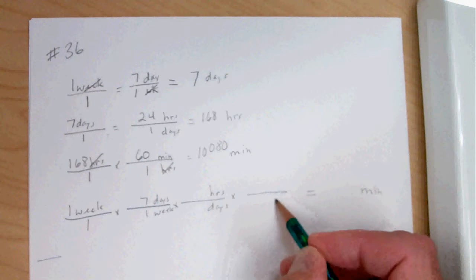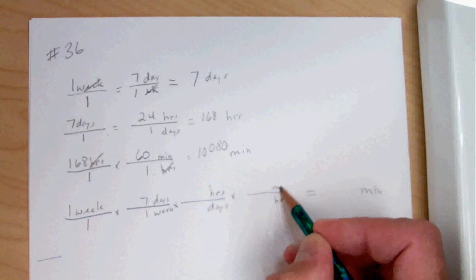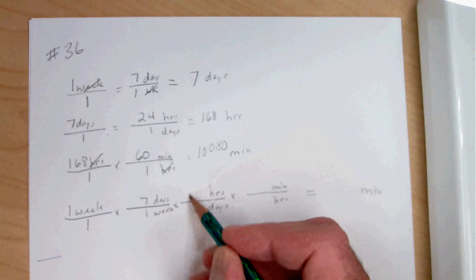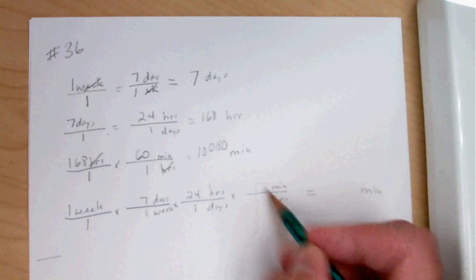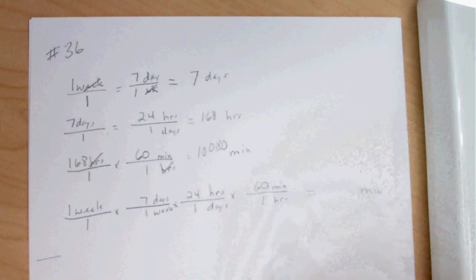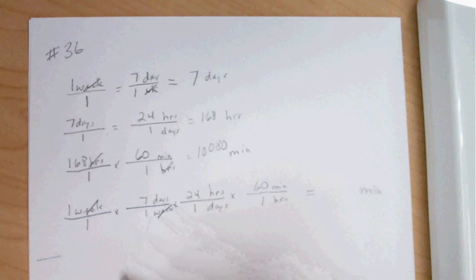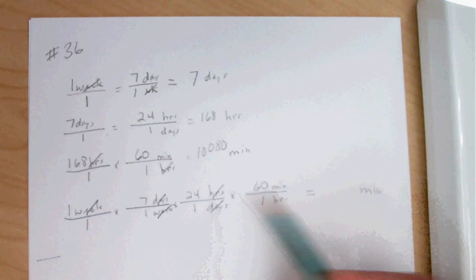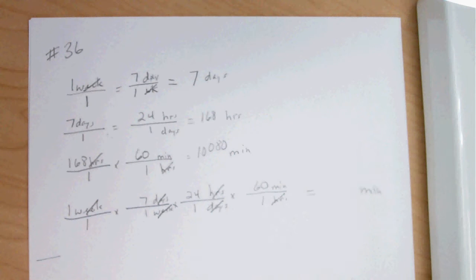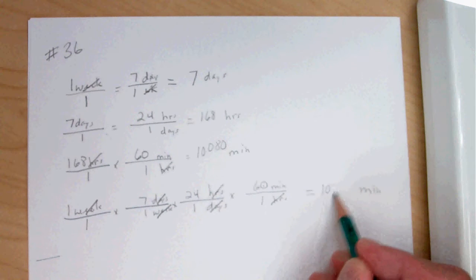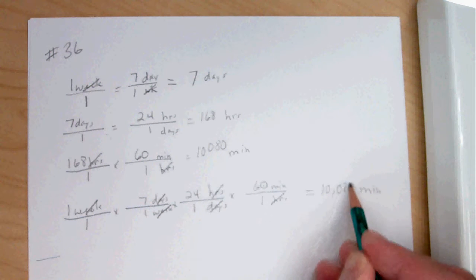And then I can put hours down here and minutes up here because I know these relationships. 1 day, 24 hours, 1 hour, 60 minutes. Weeks divided by weeks is no weeks, right? Days divided by days, hours divided by hours, they all cancel each other out. So 1 times 7 times 24 times 60, still 10,080 minutes.